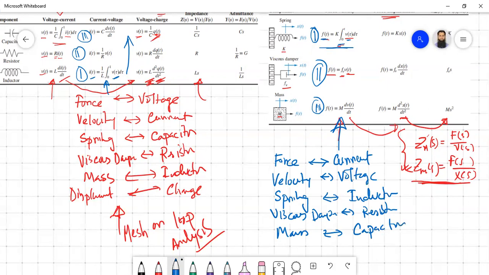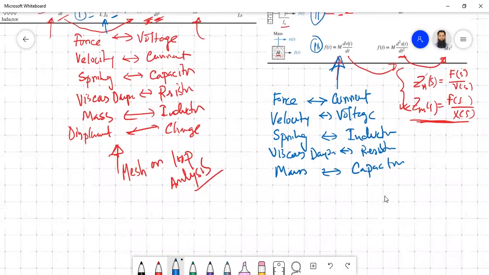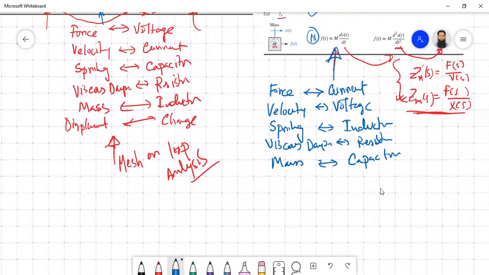Okay, and when we are going to use this analogy, if you are interested in nodal analysis, then this will be helpful for us. So if you want to adopt nodal analysis in mechanical systems, this will be helpful. Now I'm not sure why, but I think most of us like to treat the voltage as a source rather than current as a source.